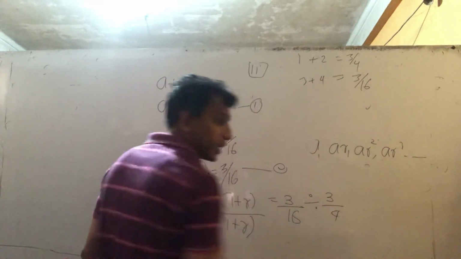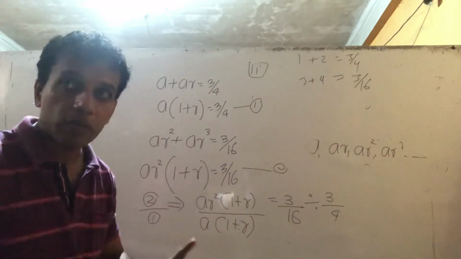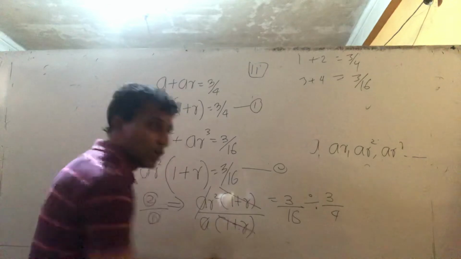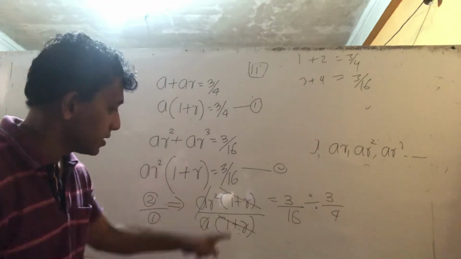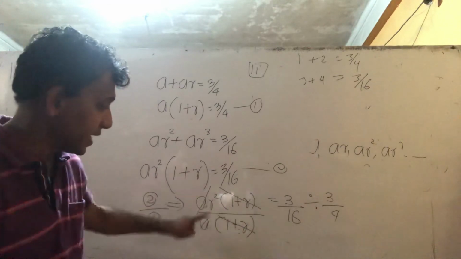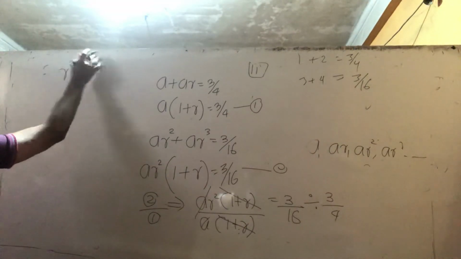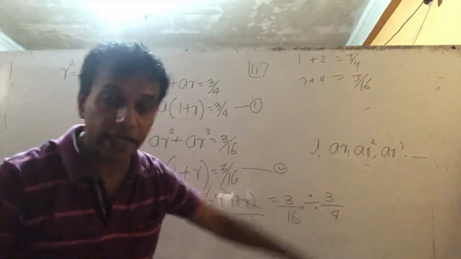Wherever a fraction comes, better to write the division notation. The main purpose is that A cancels, 1 plus R also cancels. So follow my method, how I am showing this simplification. See, that's why 1 plus R cancels, A cancels, R square equals this divided by that.